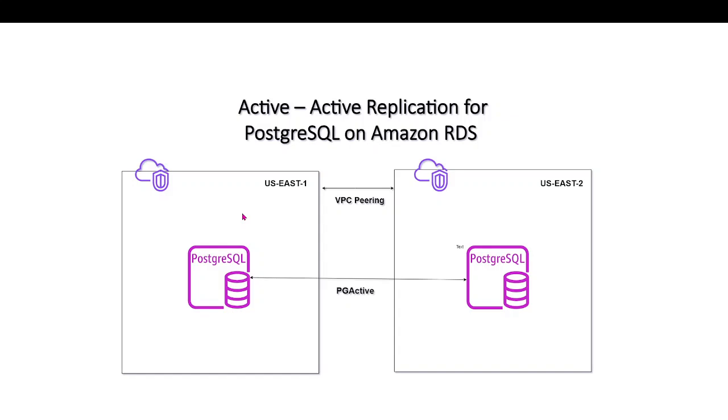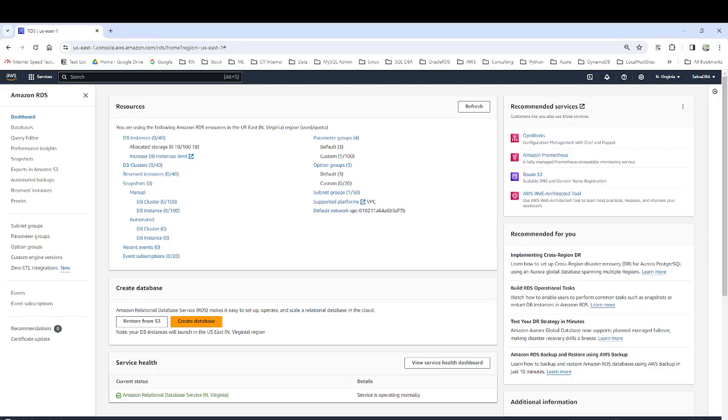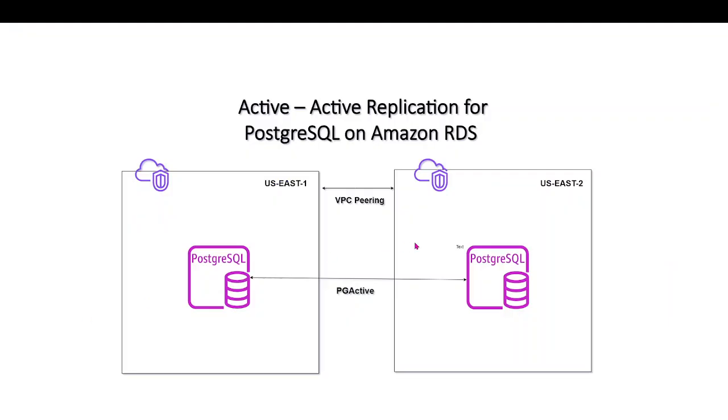We need to set up all the things, so we are going to start from scratch. Let's begin the first setup. Based on this diagram, you need a VPC peering, and then we will start the PostgreSQL setup.